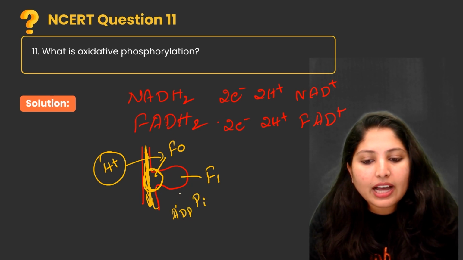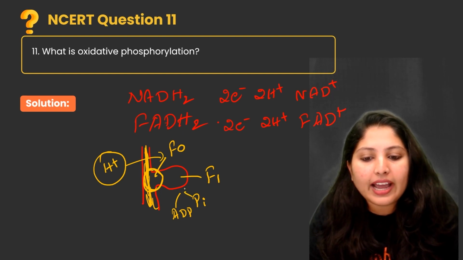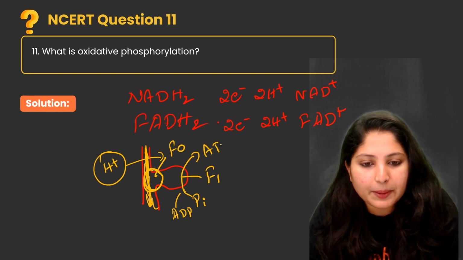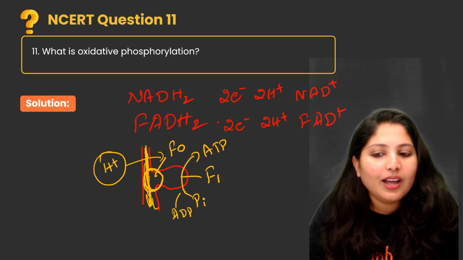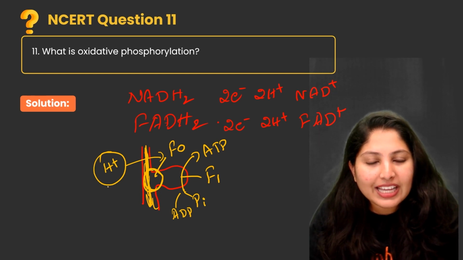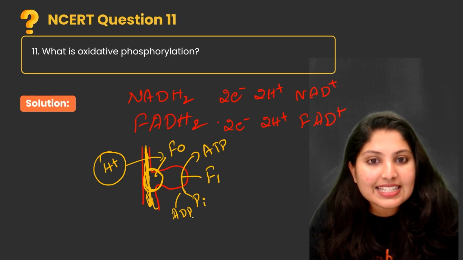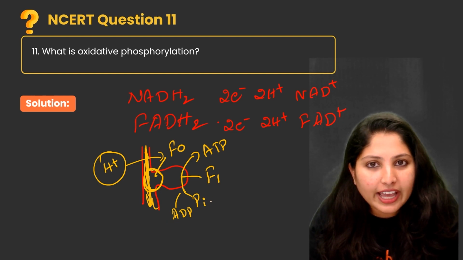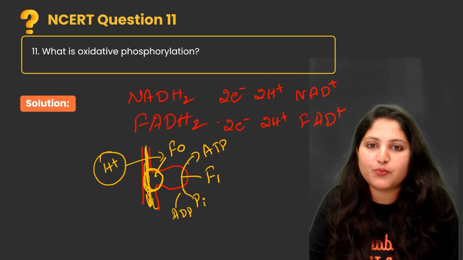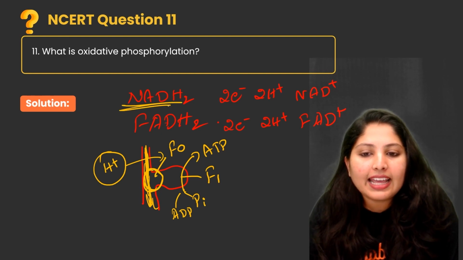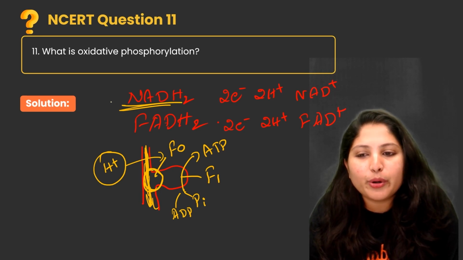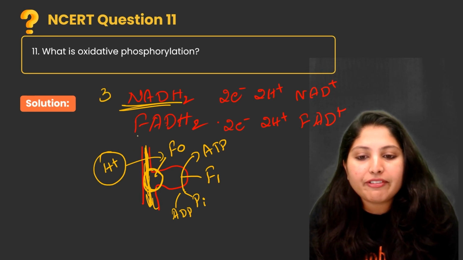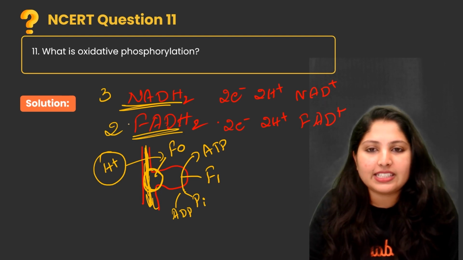So you need to convert these two molecules and produce ATP. So this proton agrees to that and it converts this ADP and inorganic phosphate to ATP. So this is oxidative phosphorylation. Here NADH is going to produce 3 ATP and FADH is going to produce 2 ATP.